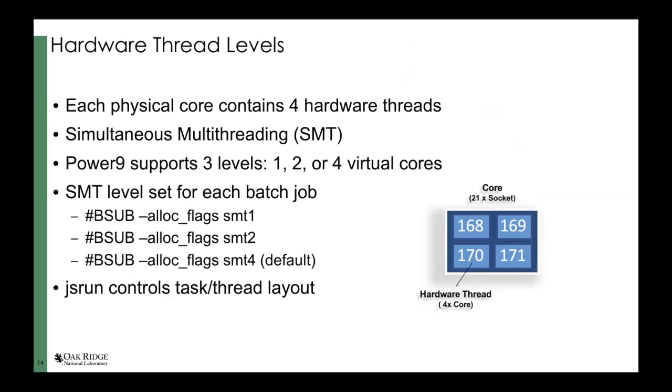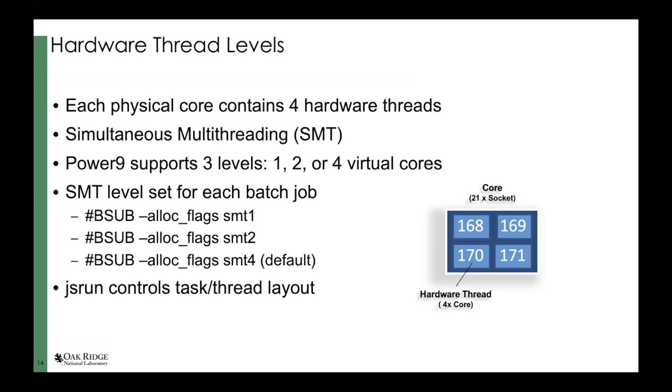So I mentioned that we have hardware threads on each core. This is just a note on those hardware threads. The Power9 supports 3 levels, 1, 2, and 4, and basically that means you can activate 1, 2, or all 4 of the virtual cores on the core.